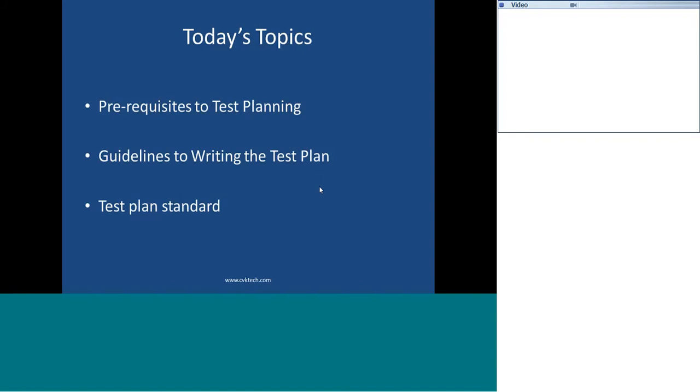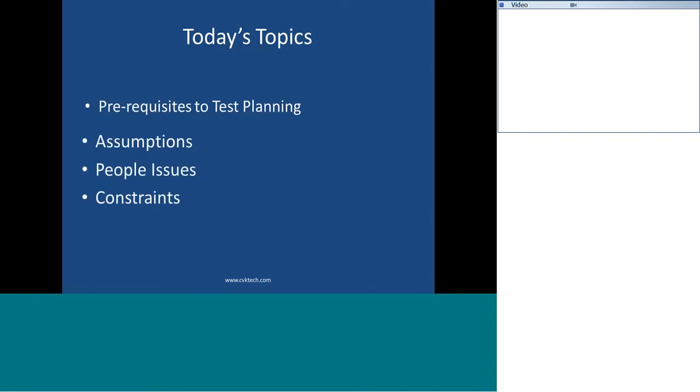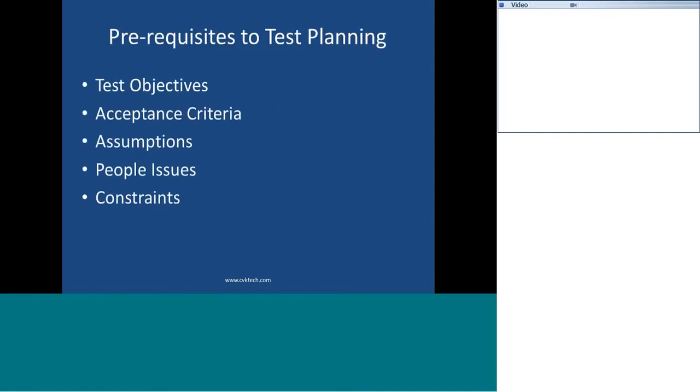The first topic is the prerequisites to test planning. So before we start drafting a test plan document, there are some items that the testing team or the test manager should be aware of. So before drafting, the team should be aware of the test objectives. The test objectives is nothing but what exactly are we going to achieve by testing a certain product.